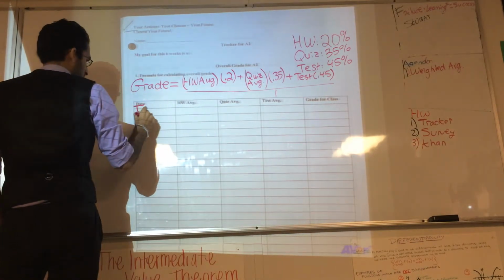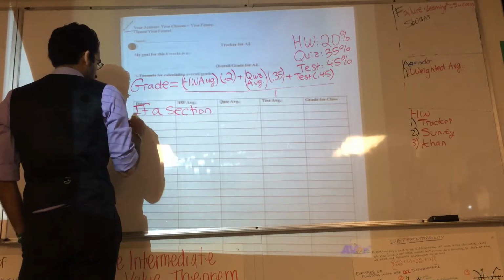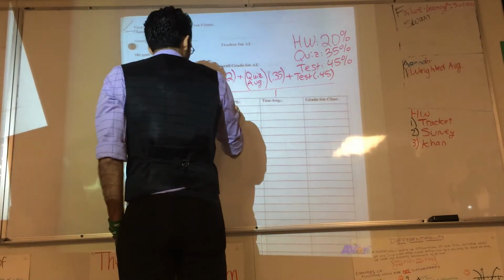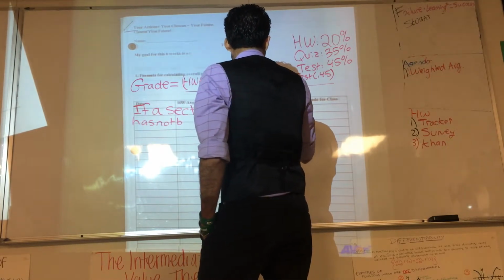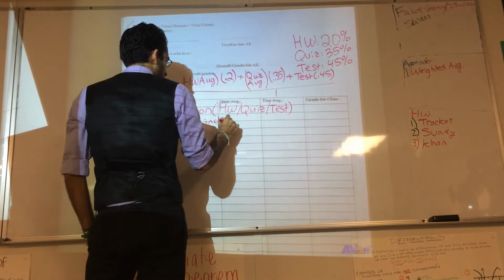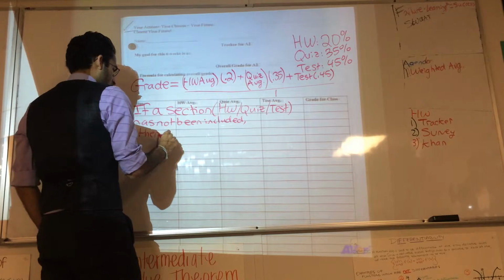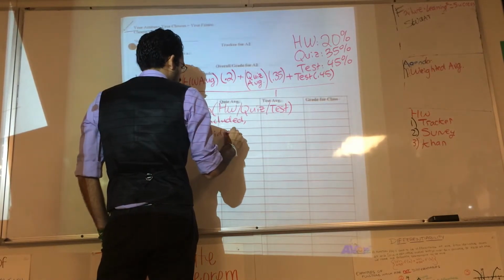So if a section has not been included, and by section I mean HW, quiz, test, then do not divide by 1.